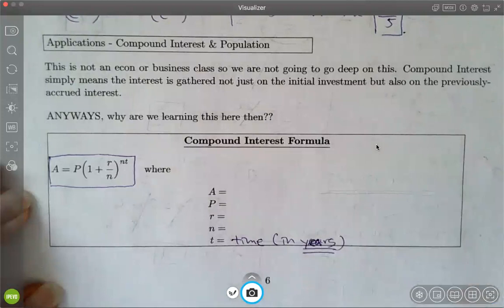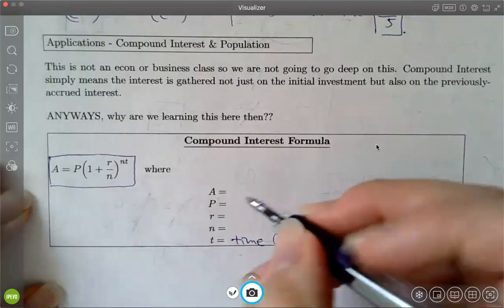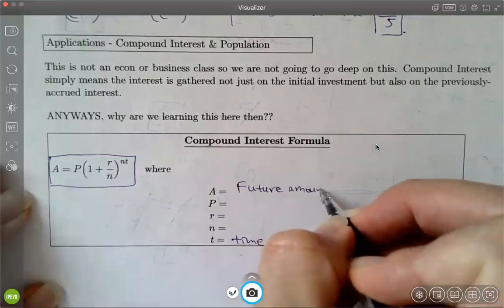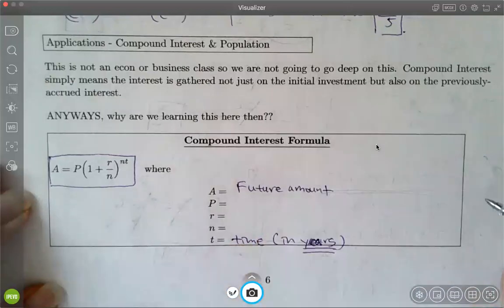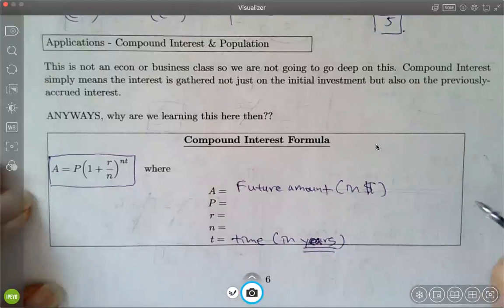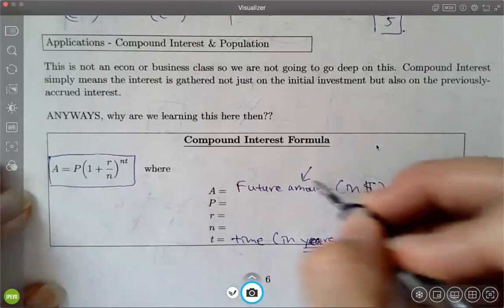And now let's go to A. A is the future amount. A came from the word amount. And amount is in money, right? Dollars. And this future amount is after T years.